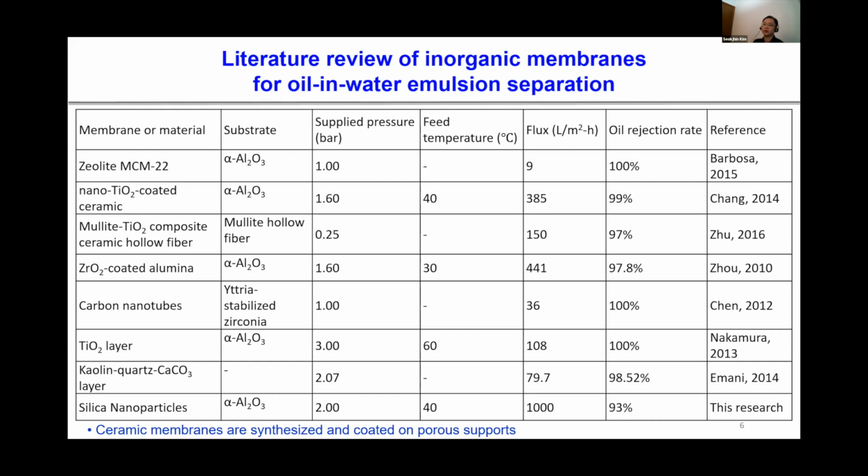Another example is carbon nanotubes synthesized in the channels of yttria stabilized zirconia support to remove tiny oil droplets from oil-water mixture, and the rejection was 100%. So we found that ideal membranes for produced water separation require high flux, high selectivity, and long-term stability in harsh conditions.